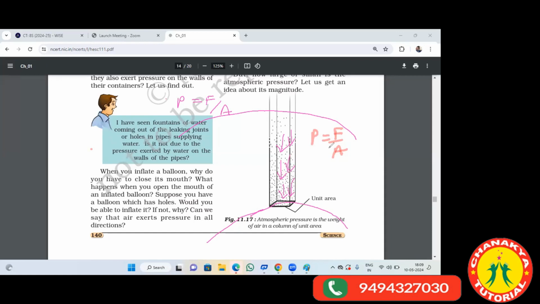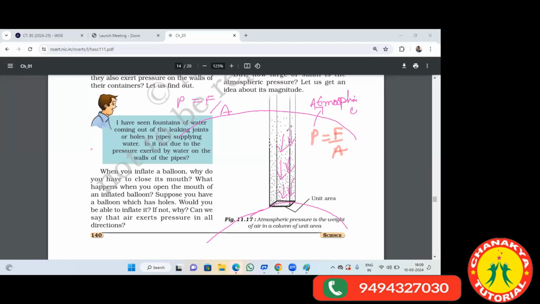This force per unit area is called pressure. We call this pressure the atmospheric pressure, since it is the pressure exerted due to the atmosphere. Hence the name atmospheric pressure. Our atmosphere is exerting a pressure on the earth, so we have this atmospheric pressure.